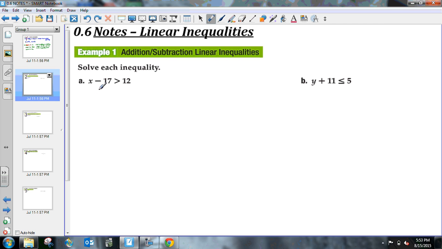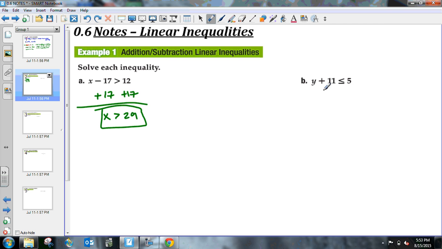To solve this inequality, since I'm subtracting 17, I'm going to add 17 to both sides. And I'm going to end up getting that x is greater than 12 plus 17, which is 29. This means that all values of x are greater than 29. If it's smaller than it, this is not true. It's not a solution. But that's how we want to write our solutions.